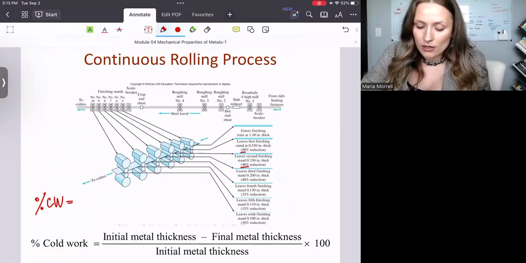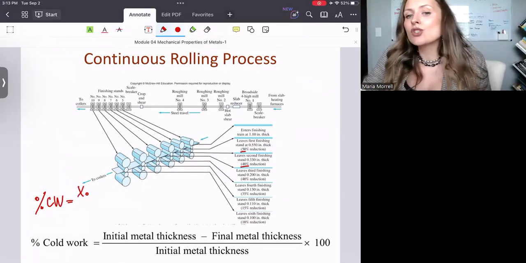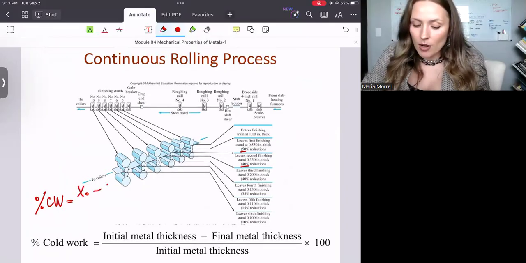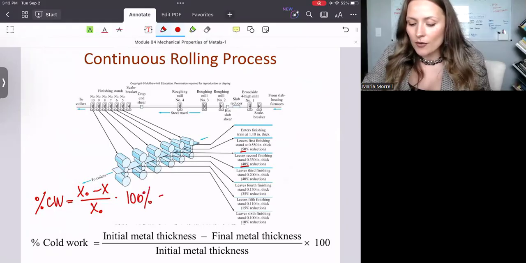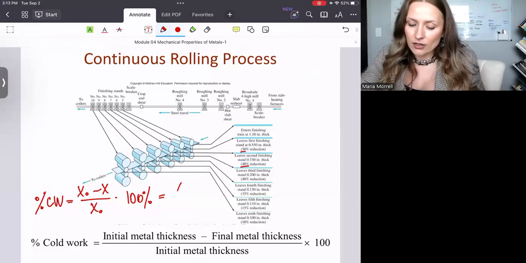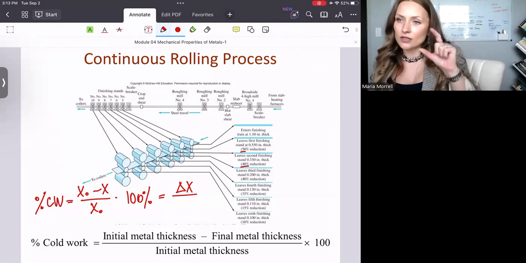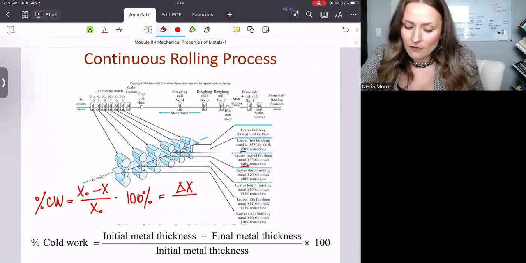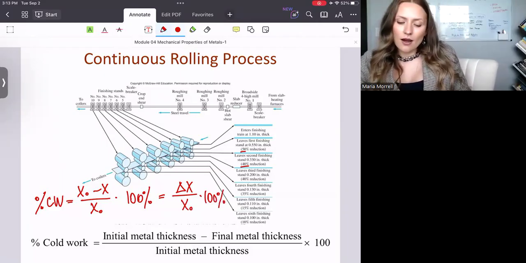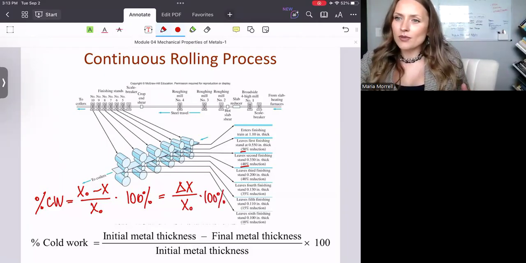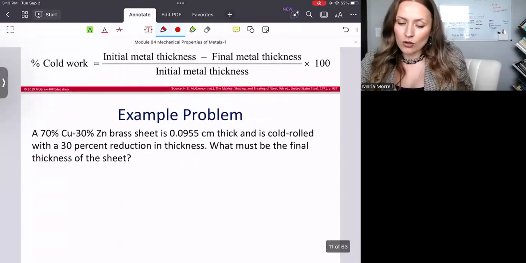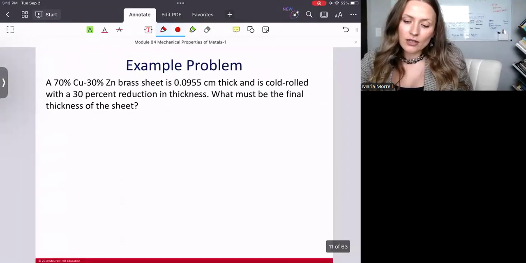So it looks like I would have the initial thickness, which is going to be x sub naught, minus the final thickness x, divided by x naught, times 100%. We can also have a shortcut, in the sense that you can have delta x, which means the reduction in thickness, divided by the original thickness and again multiplied by 100%. I think we have a few example problems where we can actually apply the math to real world problems, okay? Let's look at this problem.